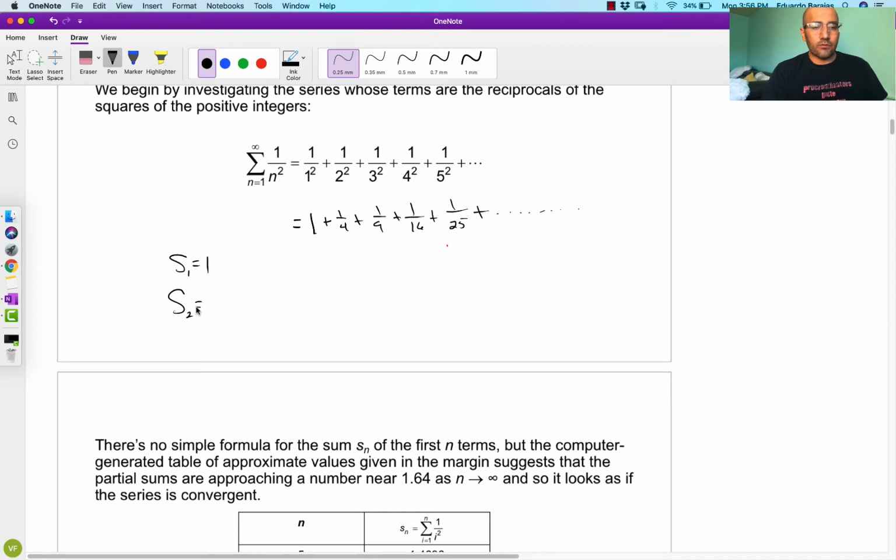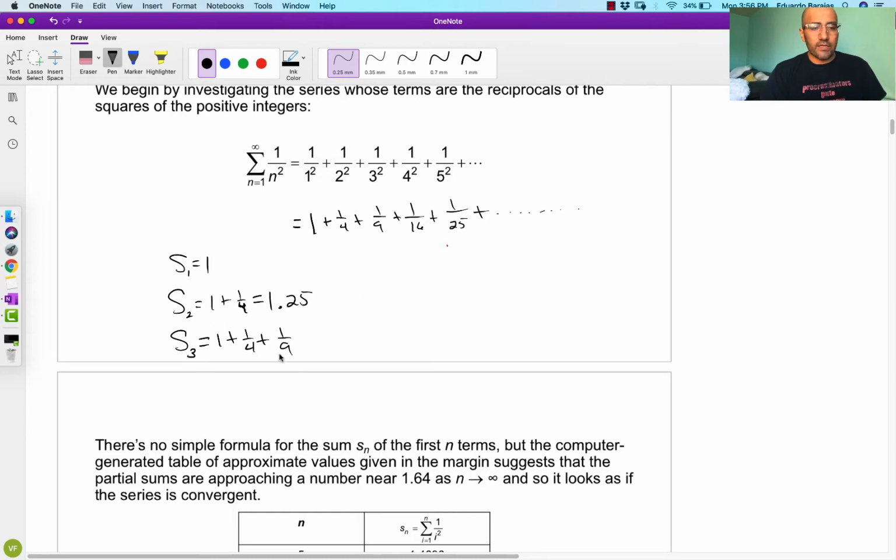S sub 2 is going to be 1 plus 1/4, which equals 1.25.